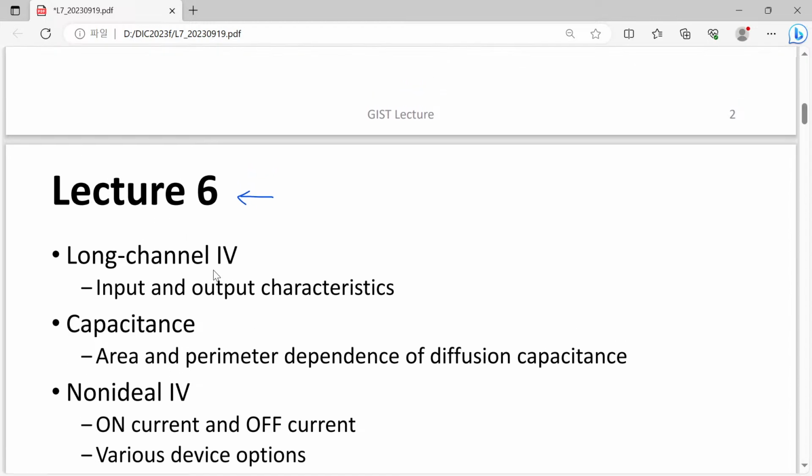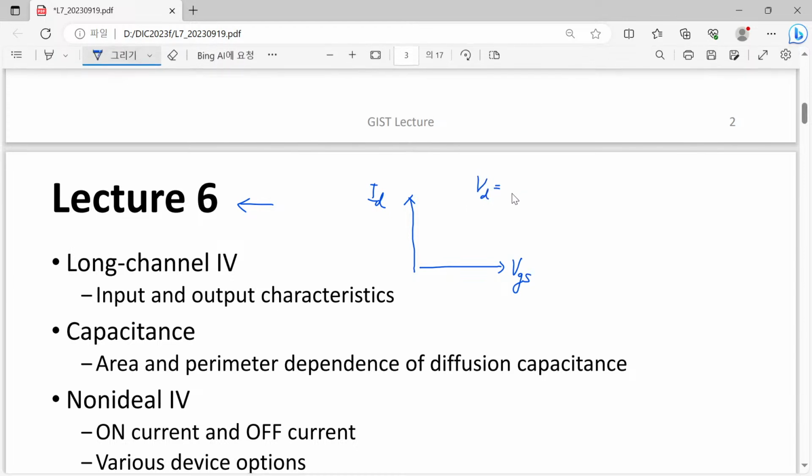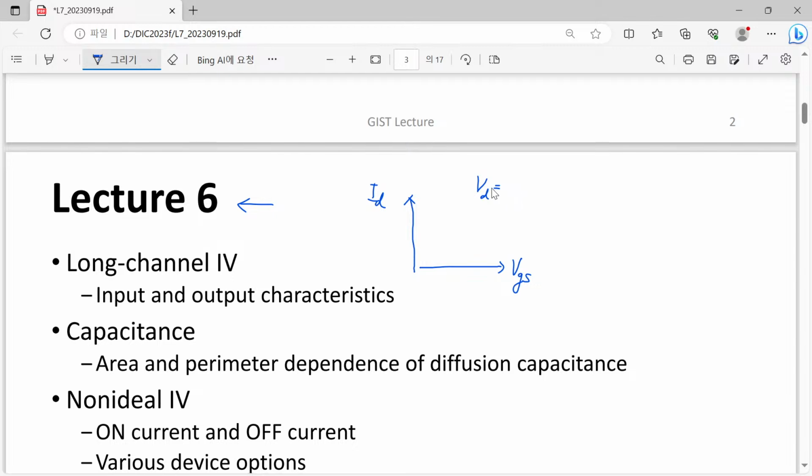So input and output characteristics were studied, and at the time I told you that we have to draw these two figures, like ID versus VGS for certain VD values which is quite small, close to 0.